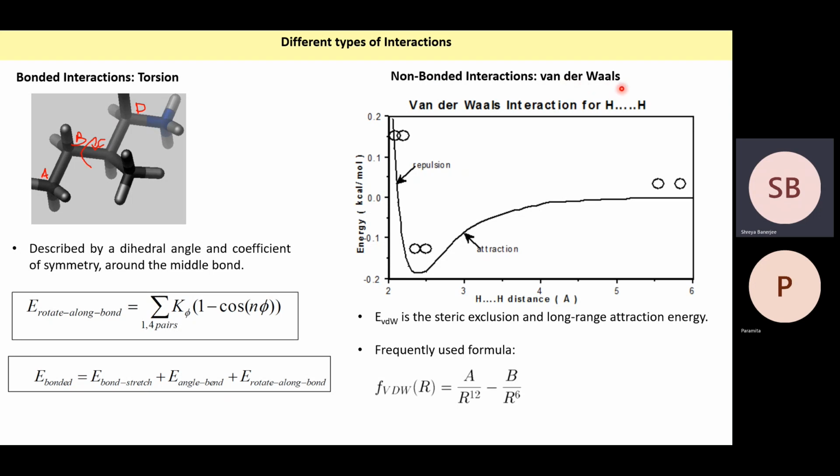The first of that is the van der Waals interactions. Suppose there are two atoms. When they are very far away from each other, the interatomic energy is 0. As they come closer, the distance between the two atoms decreases, the energy becomes more negative. So there is an attractive energy.